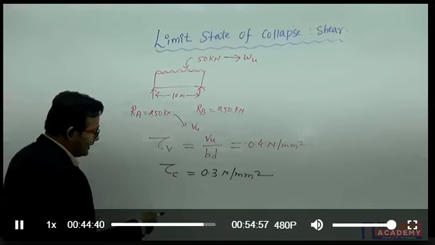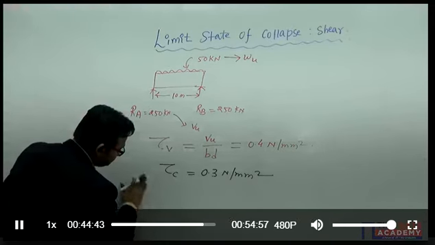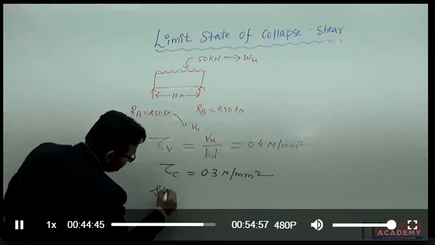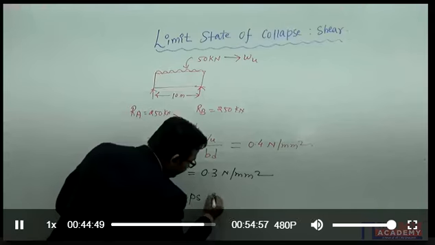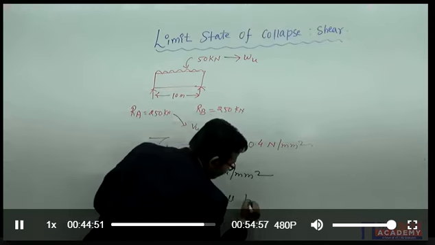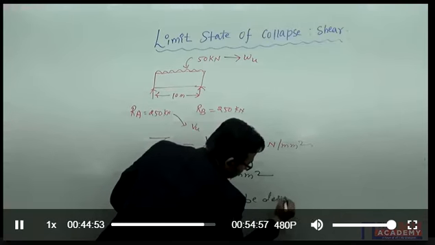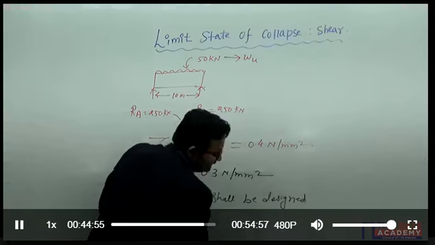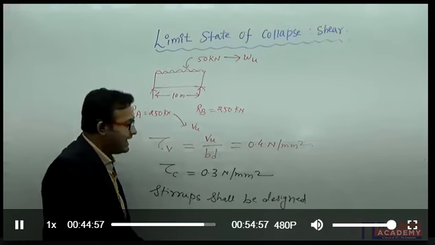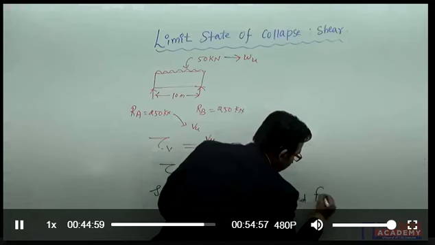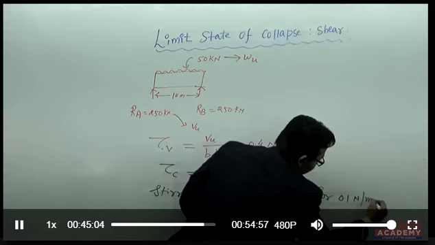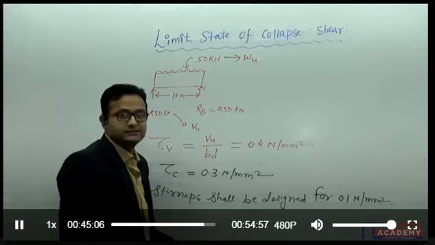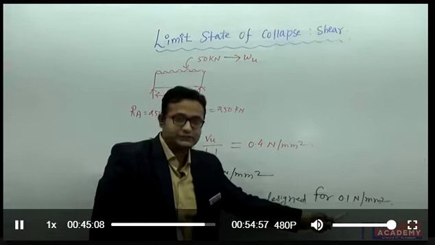So what I need to do here, stirrups shall be designed for 0.1 Newton per mm square. How have I calculated this 0.1?